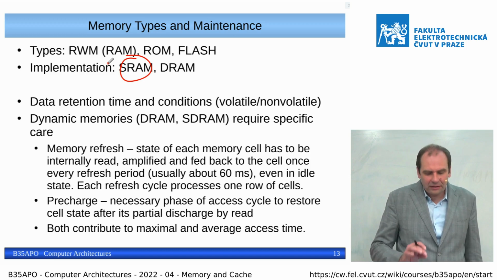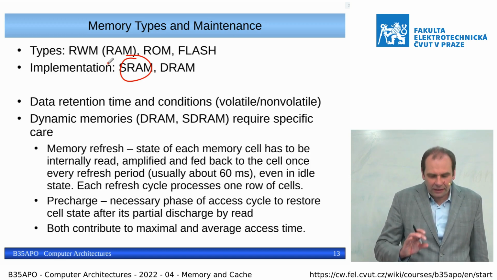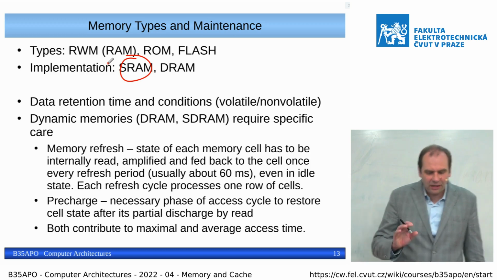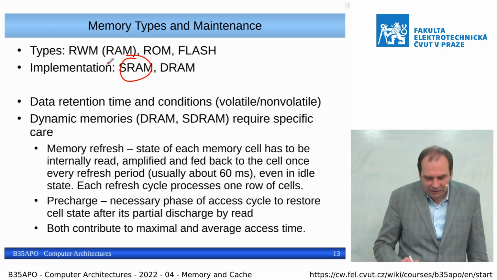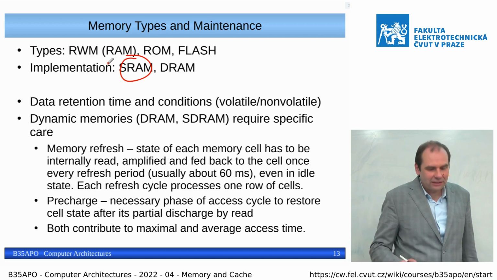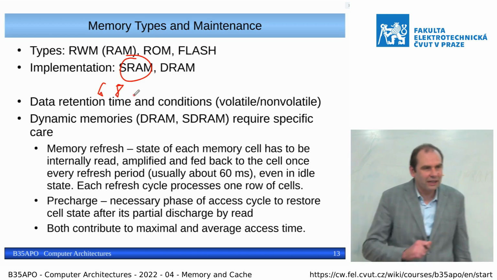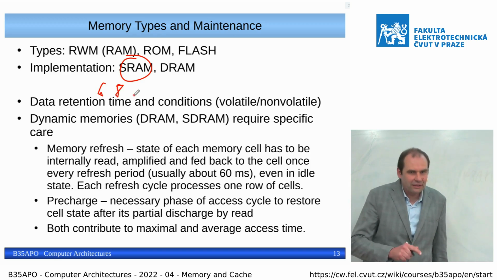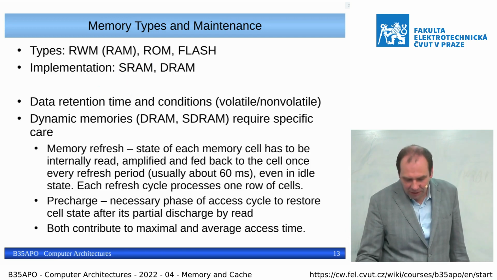But when the voltage is applied, and we have no access to the memory, data are kept inside. On the other hand, this memory has the disadvantage that it has 6 or 8 transistors per single cell to address it, to keep the data and so on. So it is relatively expensive.